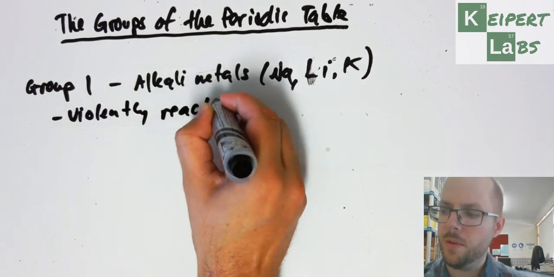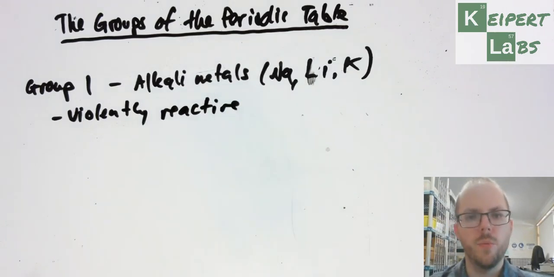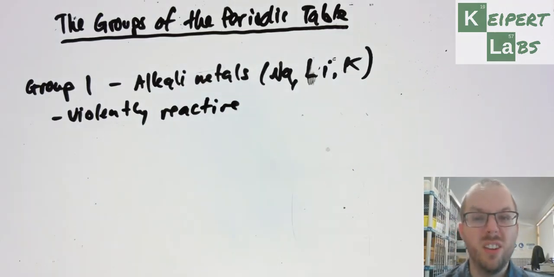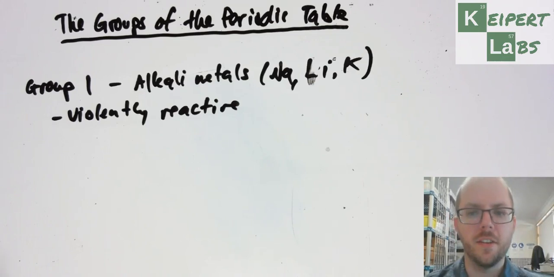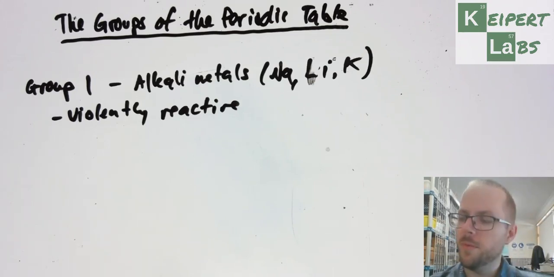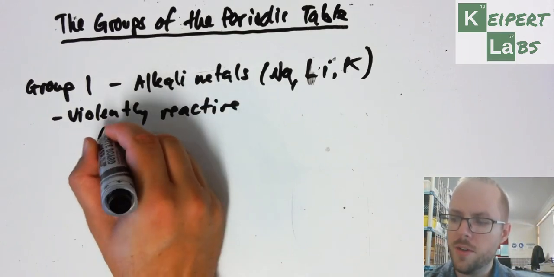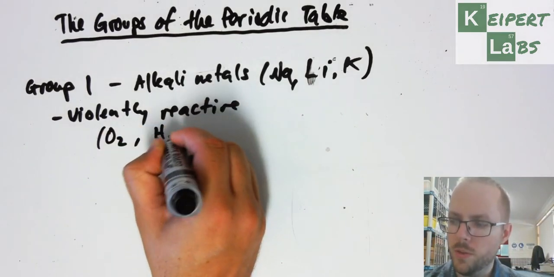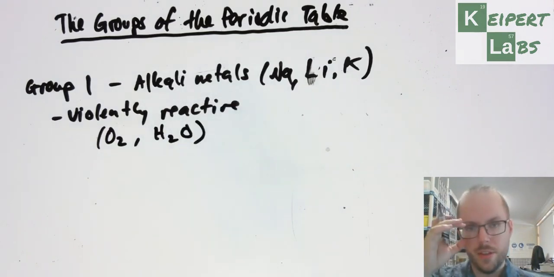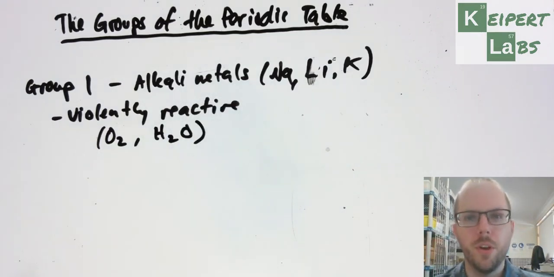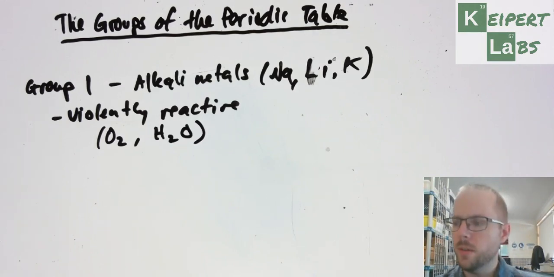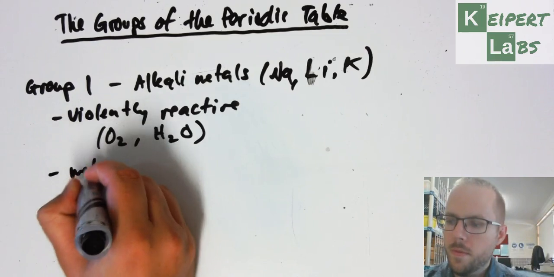If you're not sure what that involves, feel free to have a look on YouTube for putting sodium in water. People, as typical on YouTube, take things to the nth degree, so that's always fun to watch. They're violently reactive with oxygen in the air, and with water as well. They may explode when they're present with oxygen, or they react so violently with water that they would explode as well.